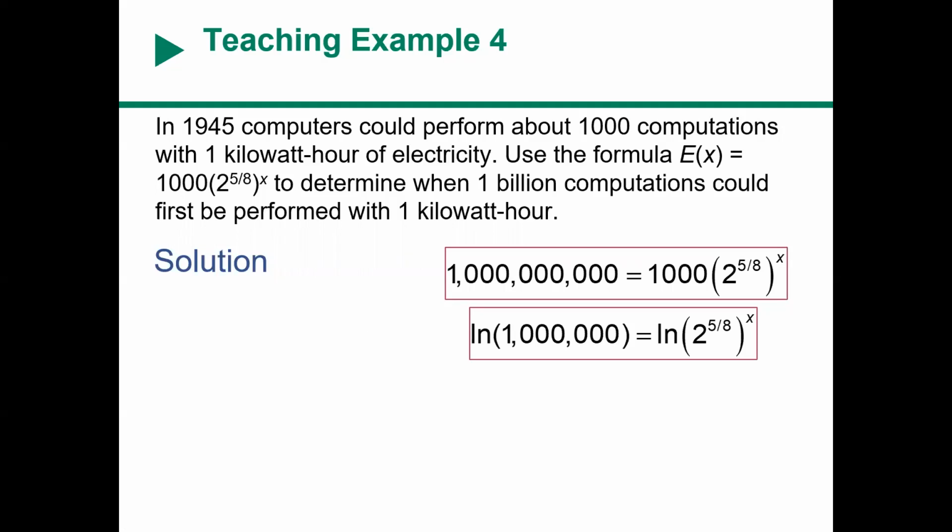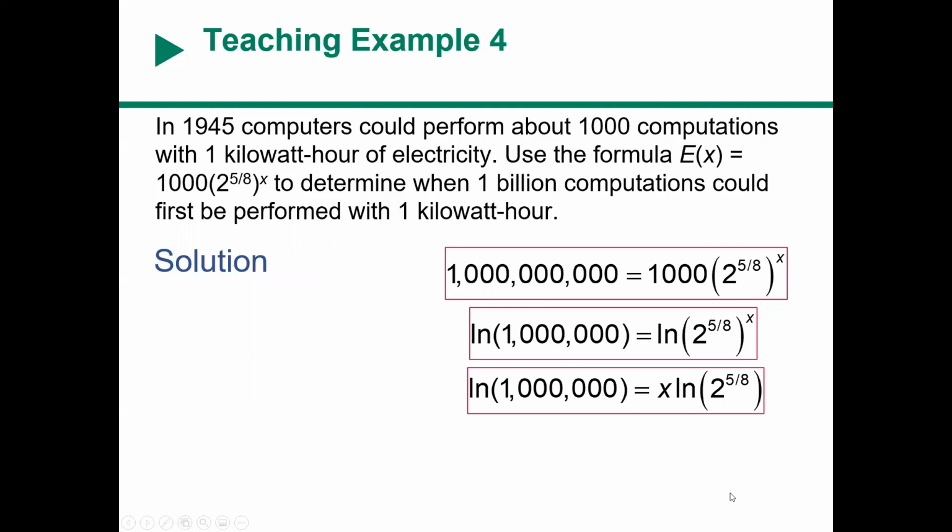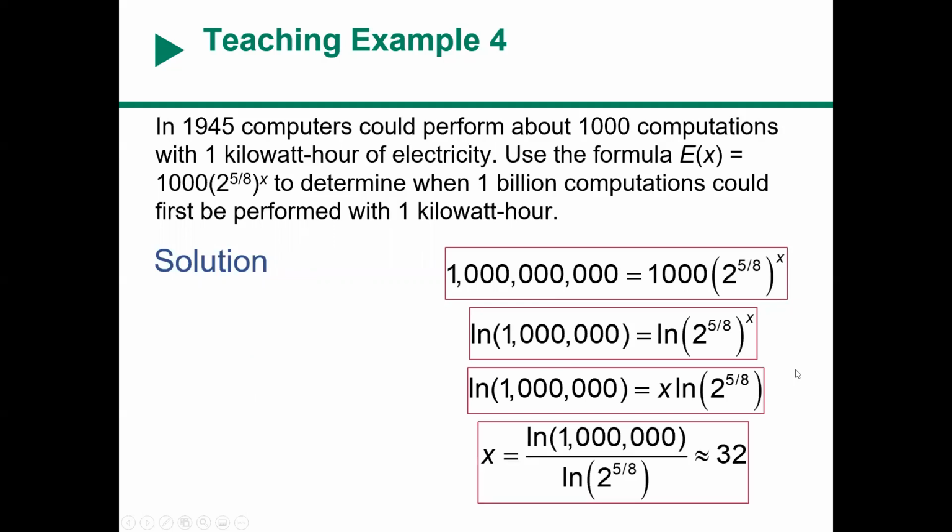So when we take the natural log of both sides, it sets our x free, and that allows us to now divide by the natural log of 2 to the 5/8 power. We divide, put it in the calculator, and get approximately 32.